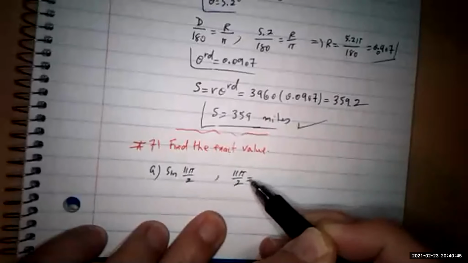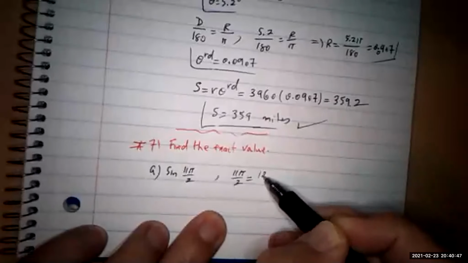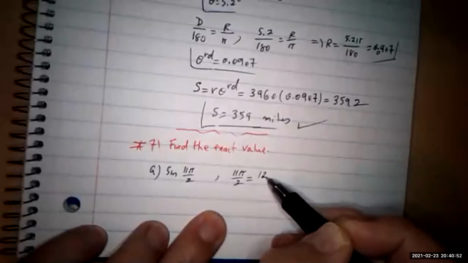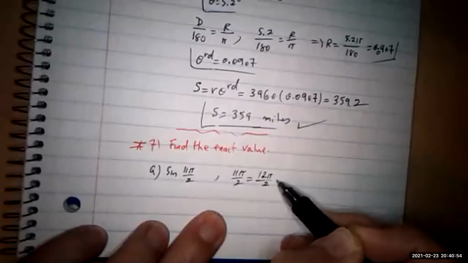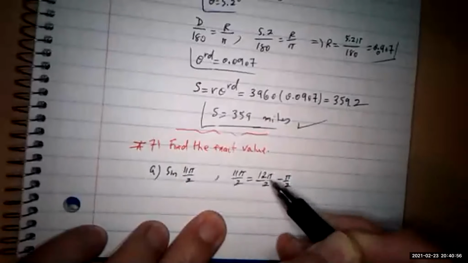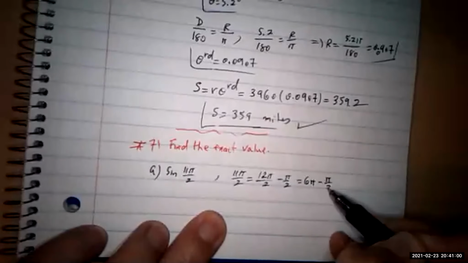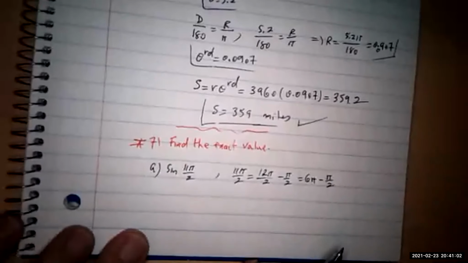So one idea is, it's 11 pi over 2, so I can write it down as 12 pi over 2 minus pi over 2. But 12 pi over 2 would be 6 pi. You can forget about the 6 pi because the sine is periodic. You go around the circle 3 times.